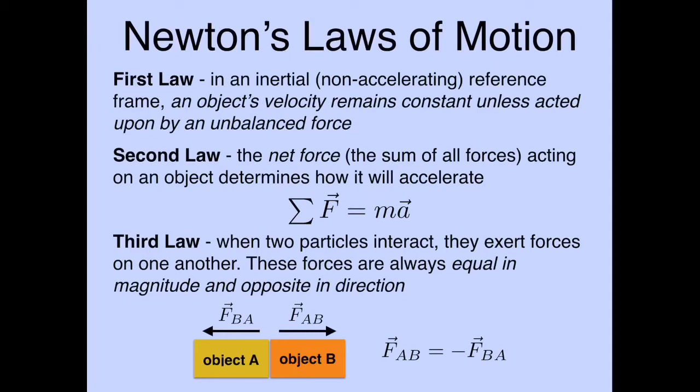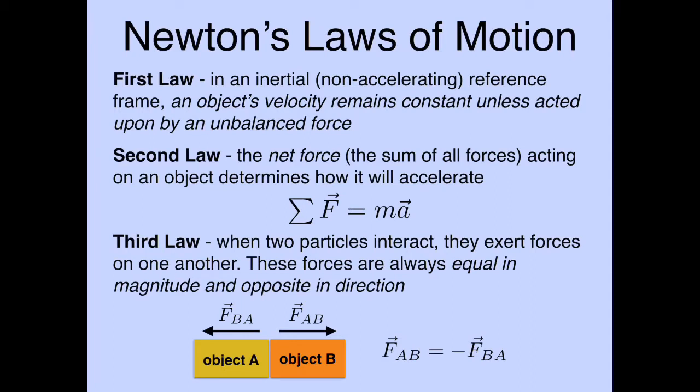Okay, so let's talk about that first bit of the statement, inertial reference frame. This means that your reference frame or the coordinates that you're using to keep track of motion are not accelerating. As long as you're using a coordinate system that itself is not accelerating, then you have what's called an inertial reference frame.